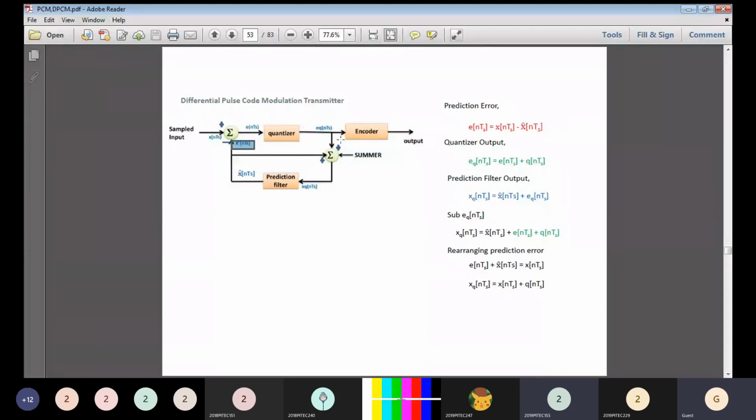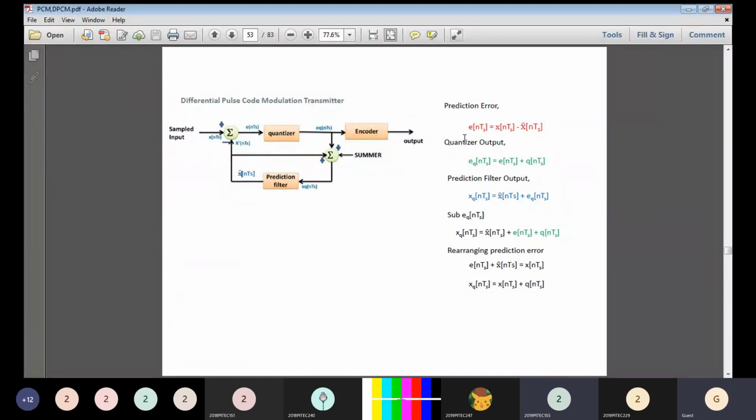That eq of nTs will also go to the summer. The other input of the summer is x cap of nTs. These two signals are added and given as the input to the prediction filter, that is xq of nTs. So the prediction filter will give you the output x cap of nTs.